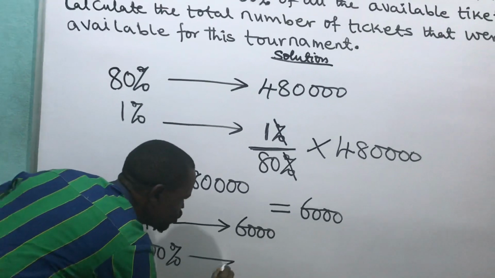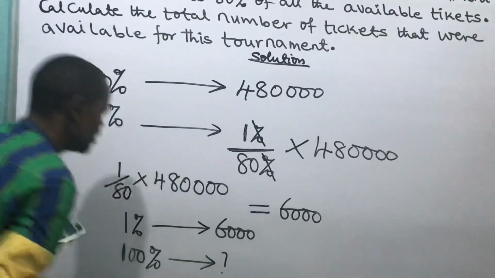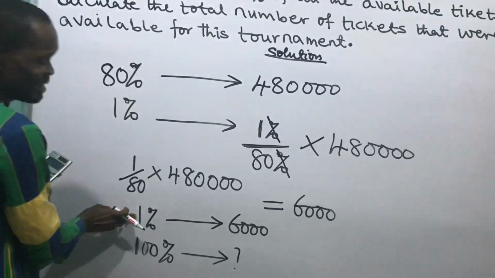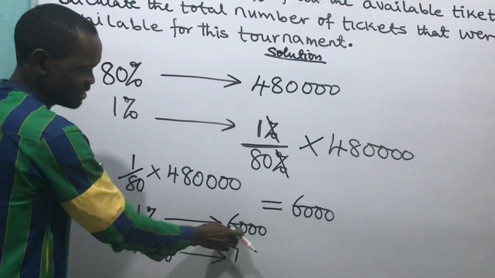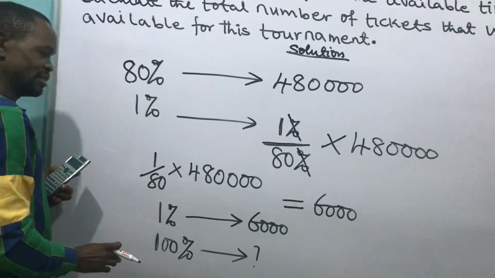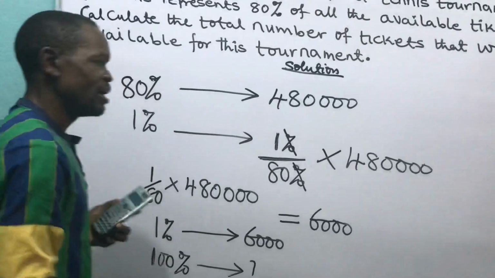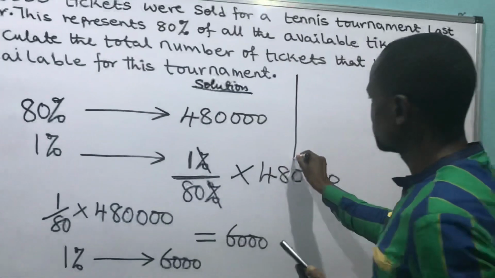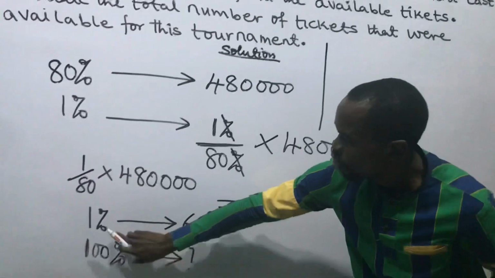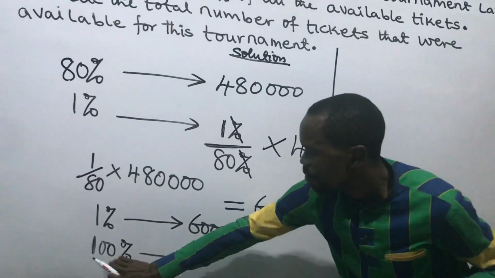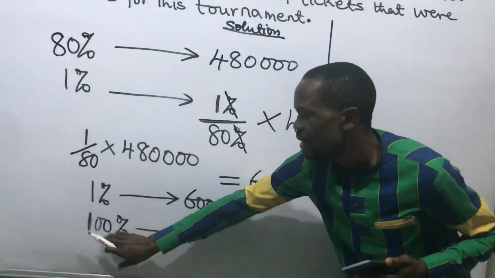What is it going to give me? That's my reference point now. Right now 1% gives me 6,000 tickets sold. Then 100%, what is it going to give me? This becomes my reference point, and this becomes my comparing value.